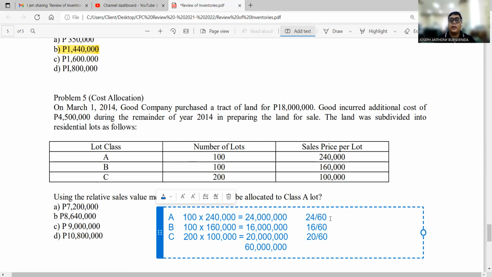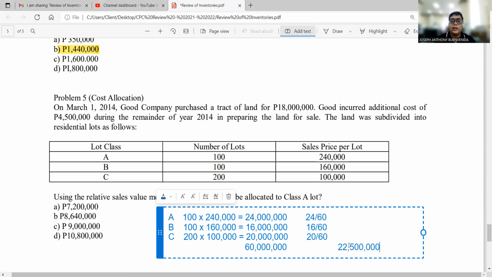Okay, so using that ratio, i-allocate naton ang value sang land nga 18 million plus 4.5, so 22,500,000.